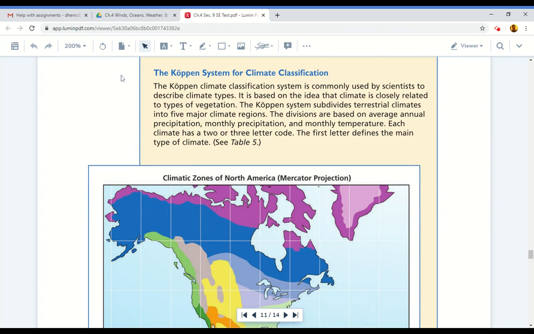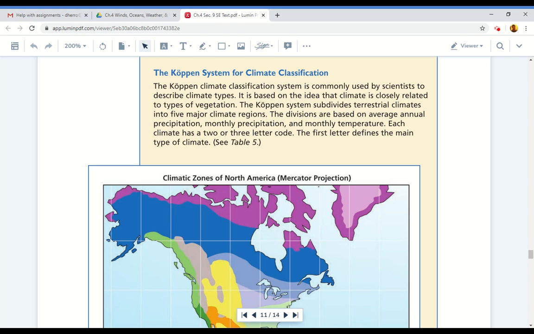The Köppen system for climate classification. The Köppen climate classification system is commonly used by scientists to describe climate types. It is based on the idea that climate is closely related to types of vegetation. The Köppen system subdivides terrestrial climates into 5 major climate regions. The divisions are based on average annual precipitation, monthly precipitation, and monthly temperature.